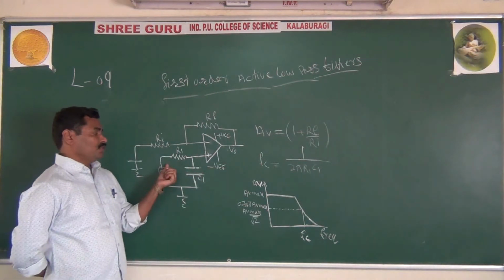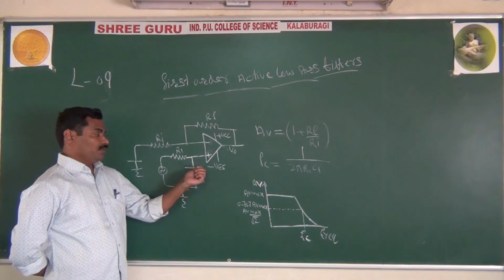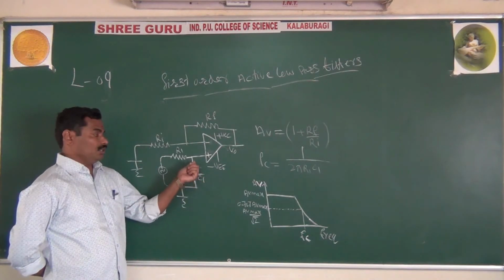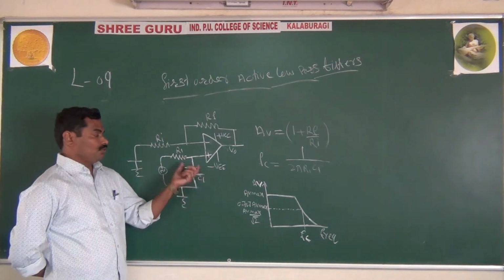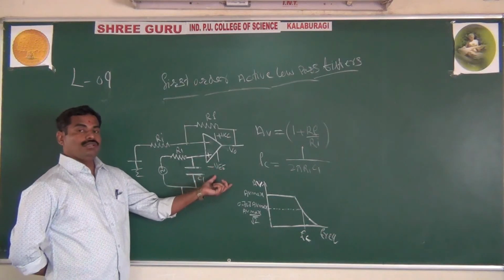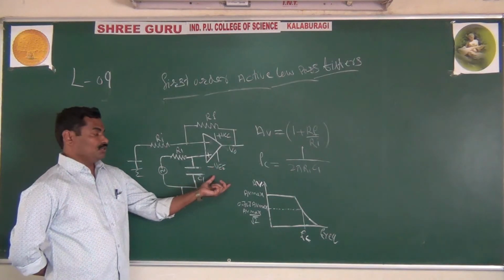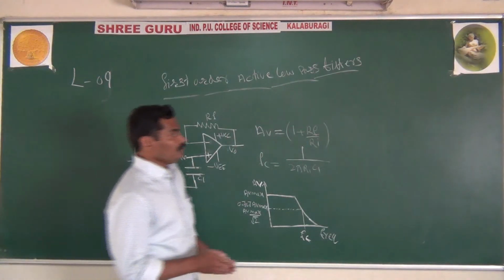And for high frequency, your capacitor acts as a short circuit. It means the high frequency goes to the ground. Because of this property of the capacitor, it allows only the low frequency signals and attenuates the high frequency signals. Once again, write it here.